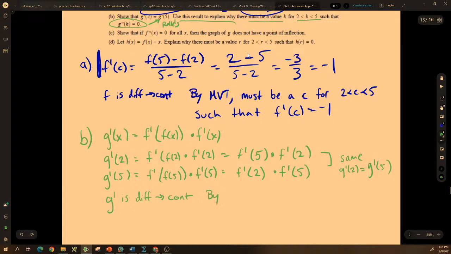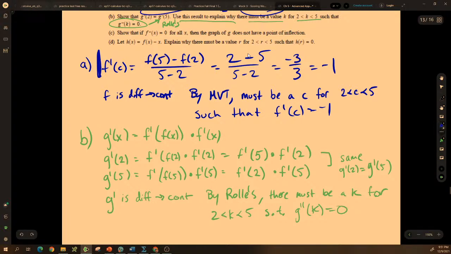So we could say by Rolle's, there must be a k for 2 less than k less than 5, such that g double prime of k equals 0.